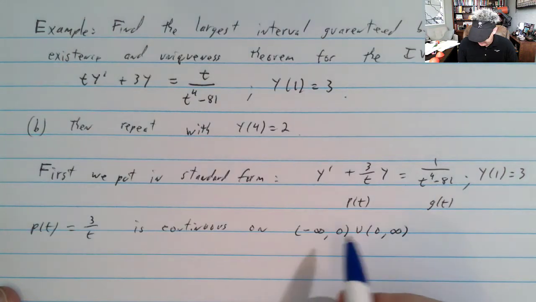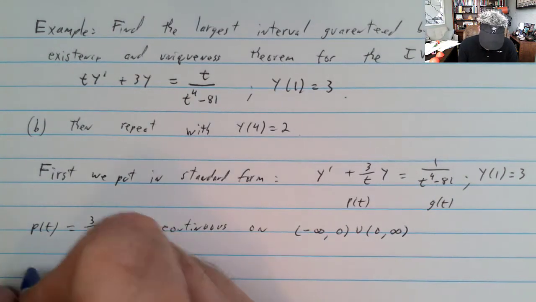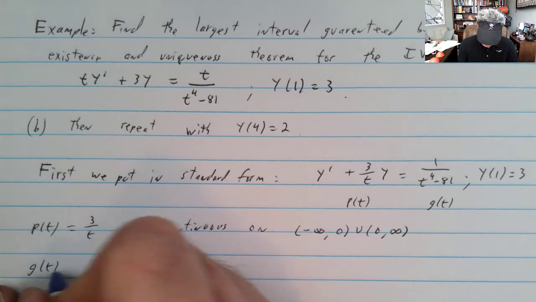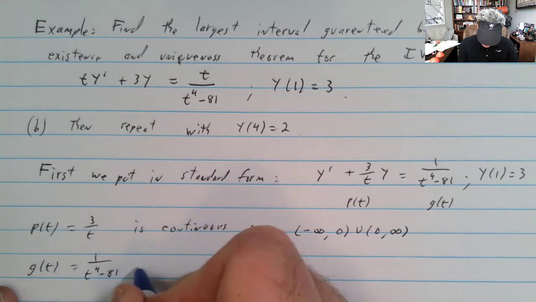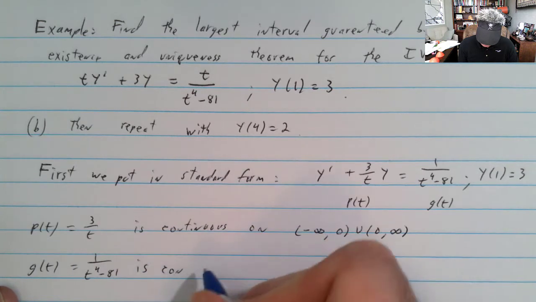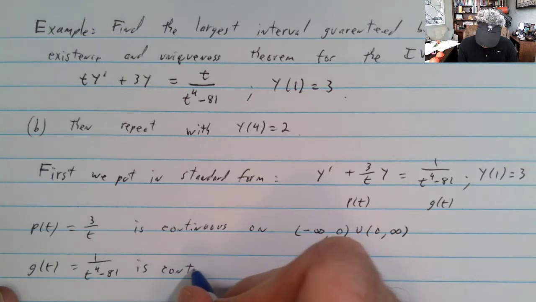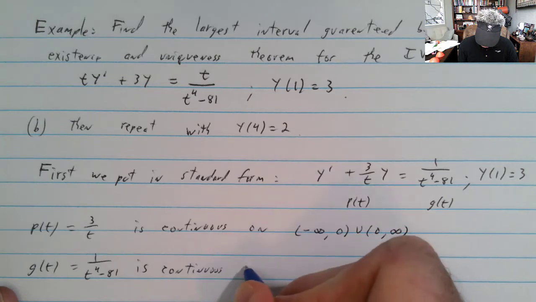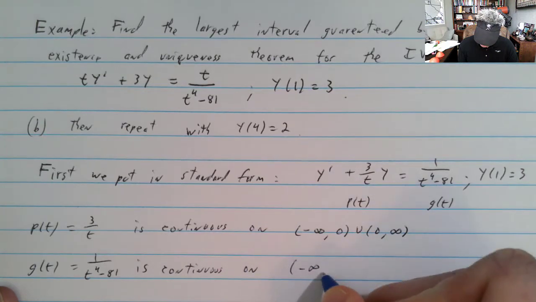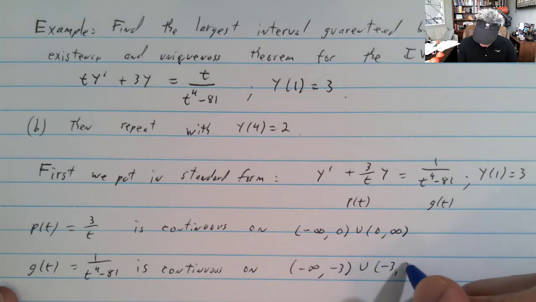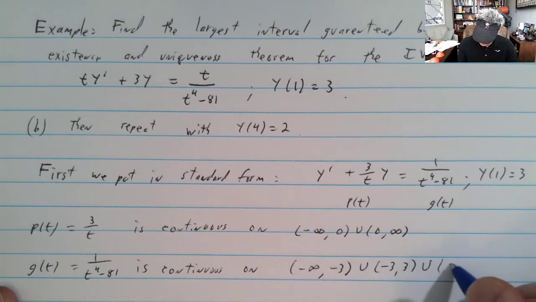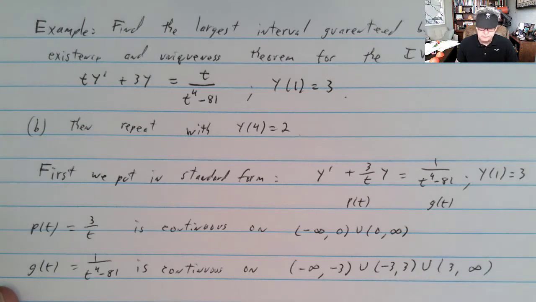Say it's continuous on each of those two intervals. G of t, 1 over t to the fourth minus 81, is continuous everywhere except at plus or minus 3. So negative infinity to negative 3, union negative 3 to 3, union 3 to infinity.